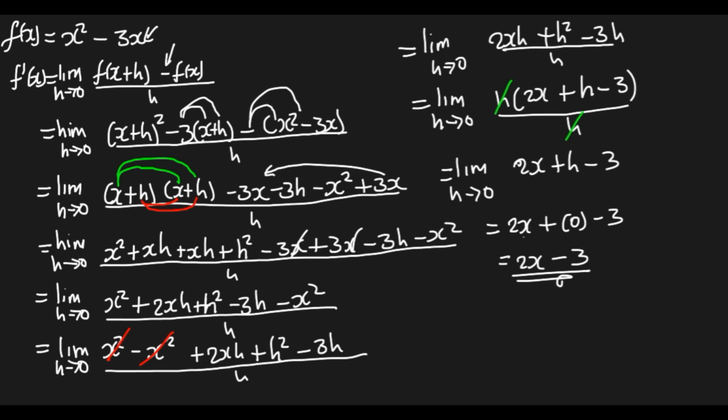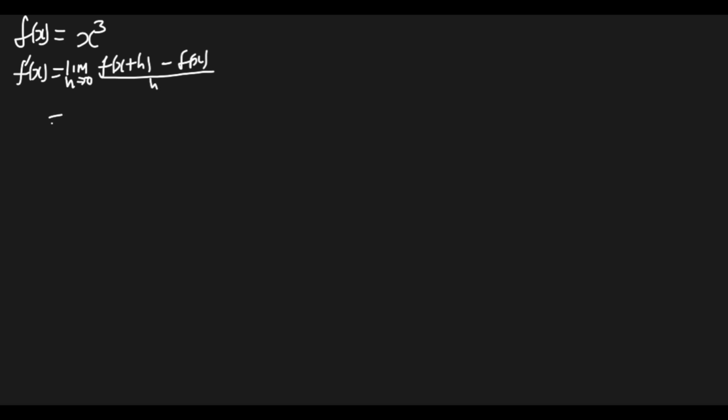So this is how you can differentiate a given function using the first principle. Now let's try one more. This time we'll say f of x is equal to x raised to the power 3. So we have f prime of x is equal to, so we are saying where there is the x, we substitute with x plus h.